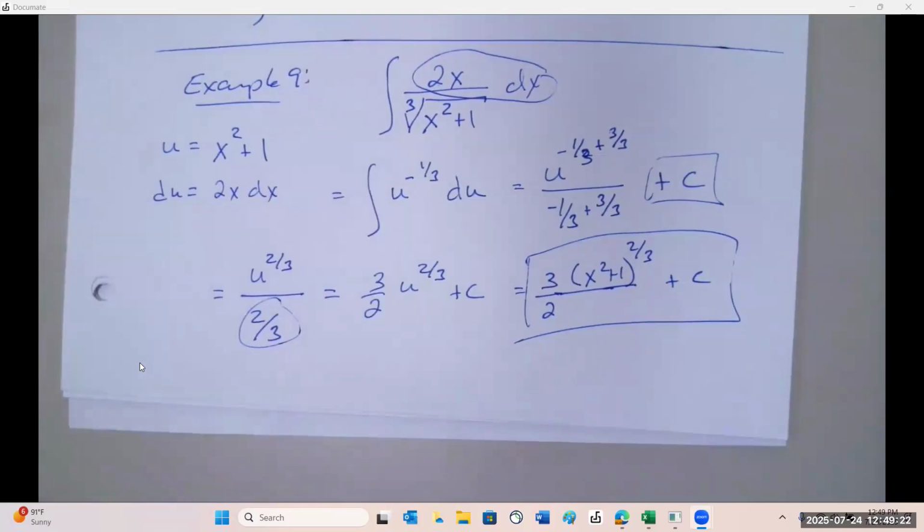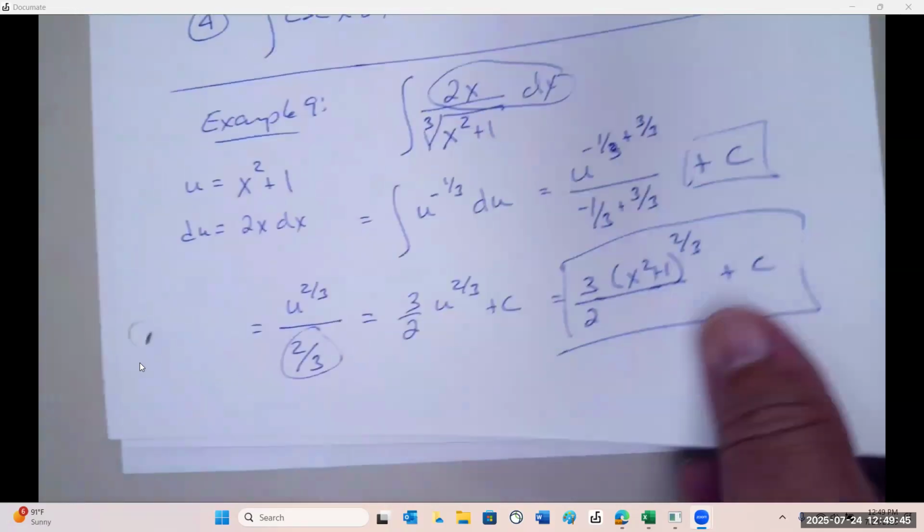All right, this section we looked at only indefinite integrals, not only of the trig functions, but using substitution. The last section, which we'll cover on Monday, will deal with definite integrals, because whenever we use substitution with definite integrals, we have one of two options.